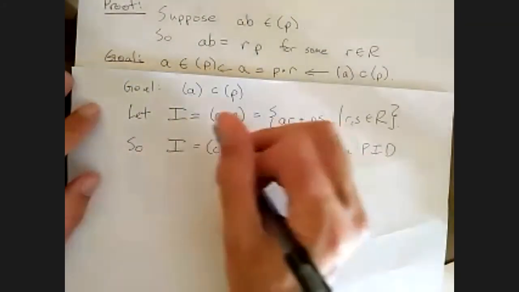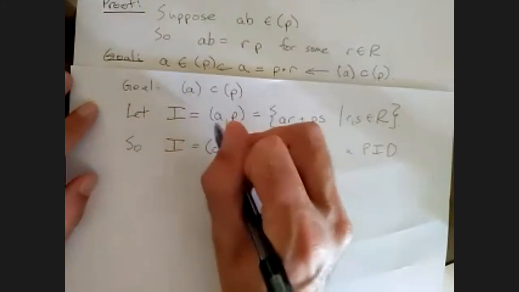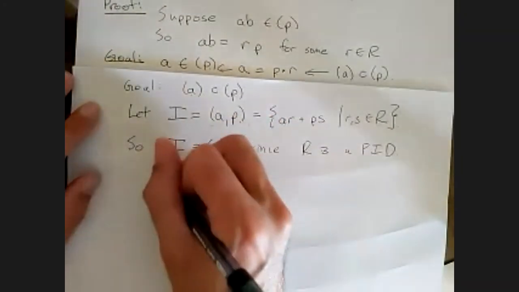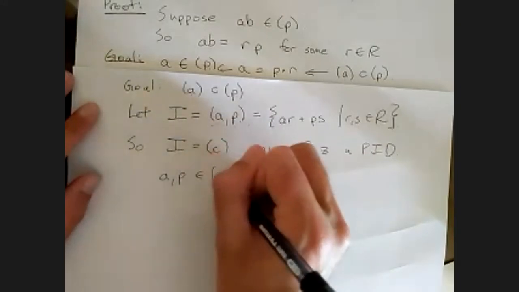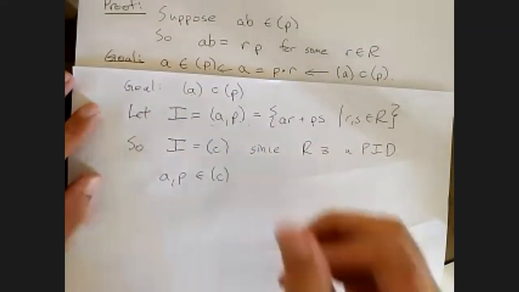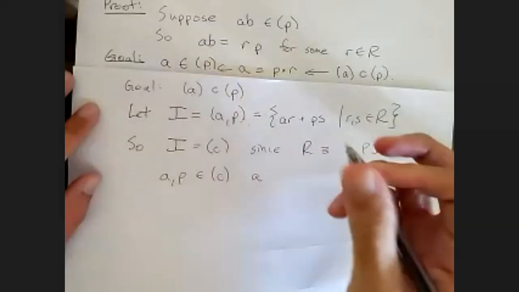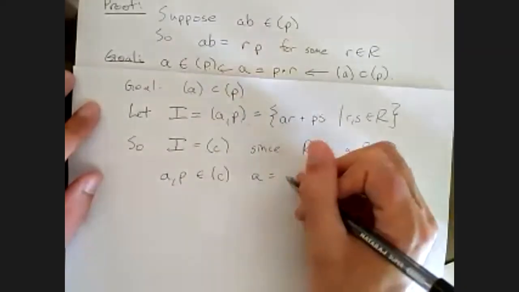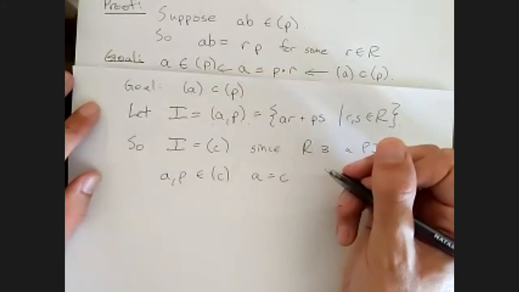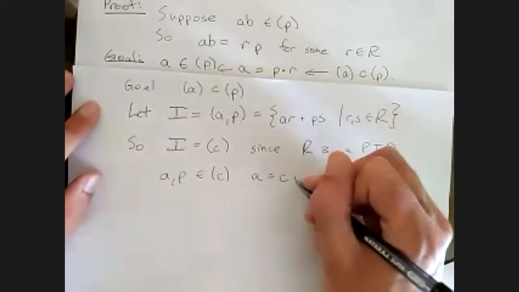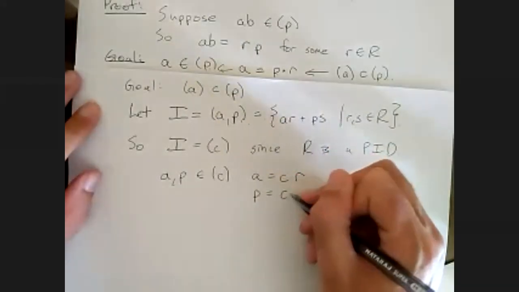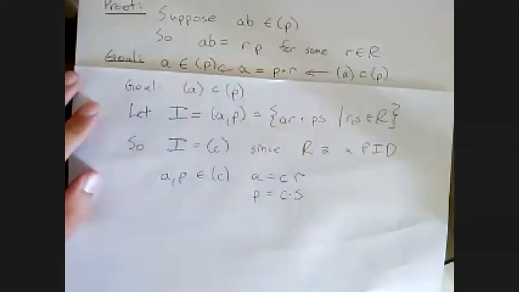So I is generated by A and P. A and P are both in this ideal I. So we can write, they're both multiples of some common element C. So you can write A equals C times R, and we can write P equals C times S.